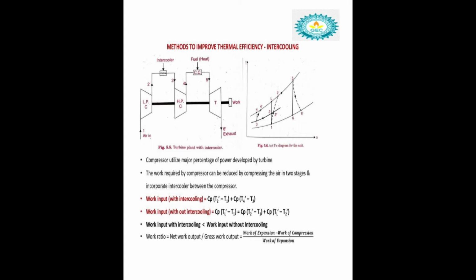In the temperature versus entropy diagram, we have to find these work inputs. The work ratio is equal to net work output by gross work output, that is, work of expansion minus work of compression divided by work of expansion.